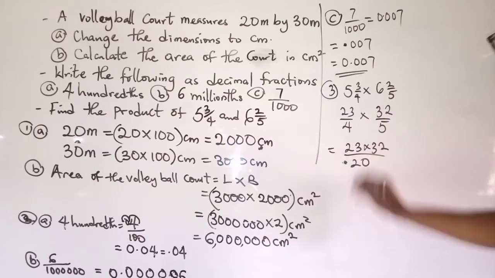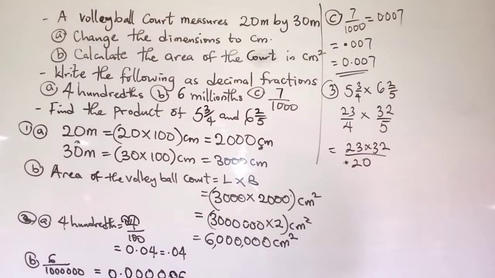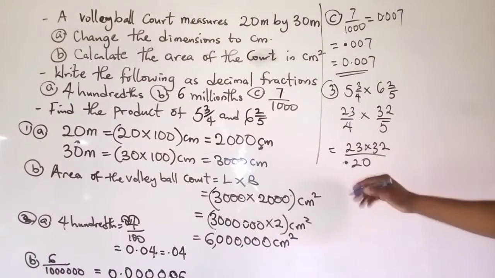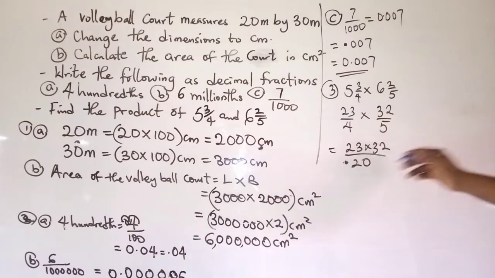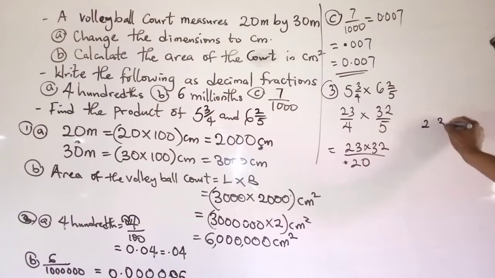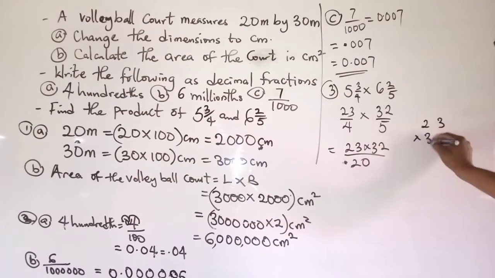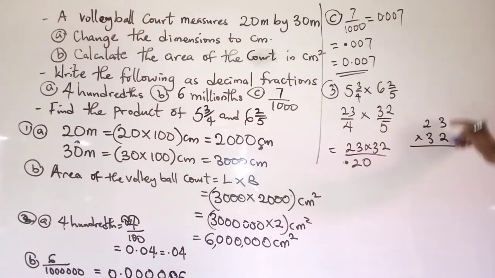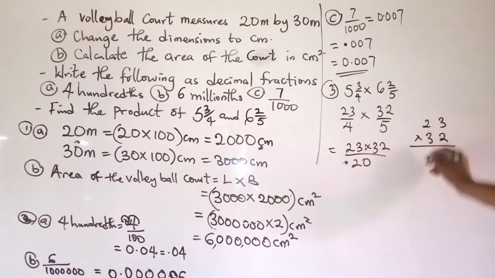You can use your calculator to solve that, or if you don't want to use your calculator, you can use the manual way. You say 2 times 32. Multiply. These times are 6, 4.